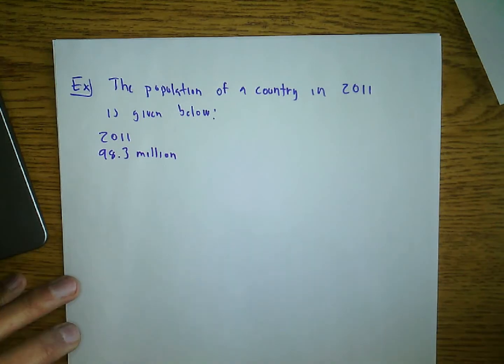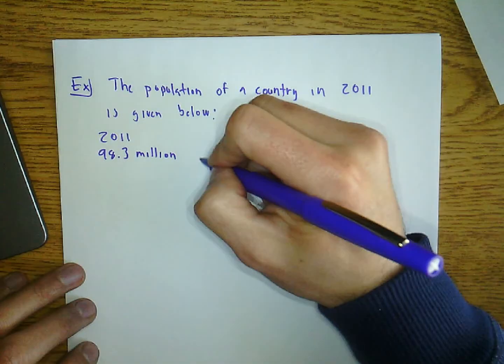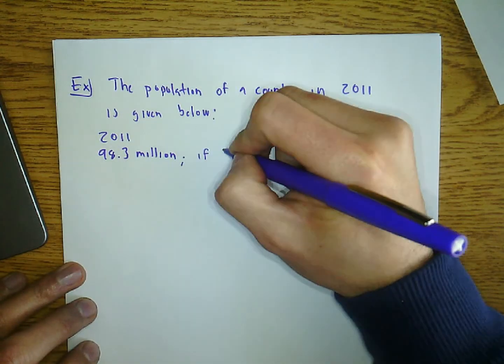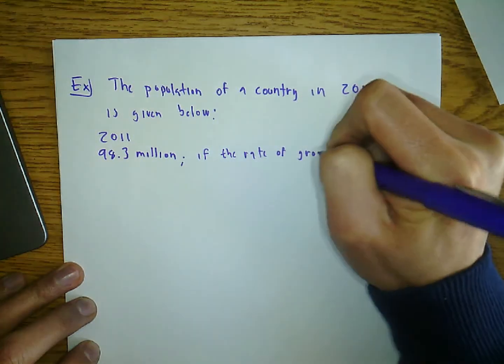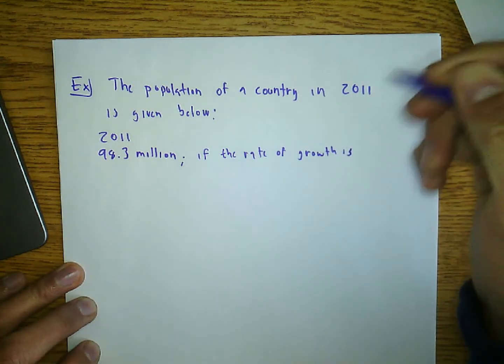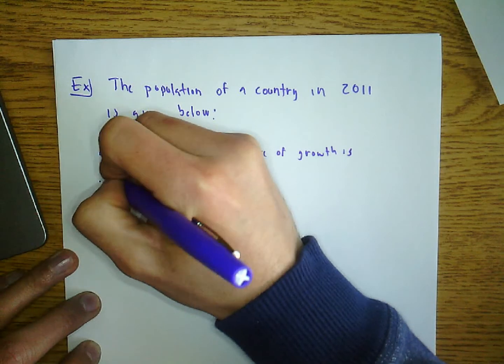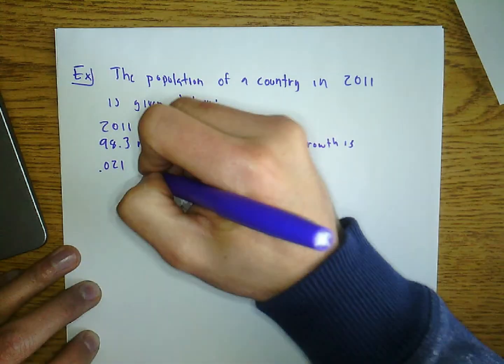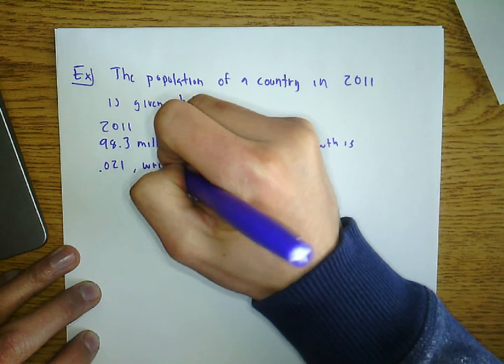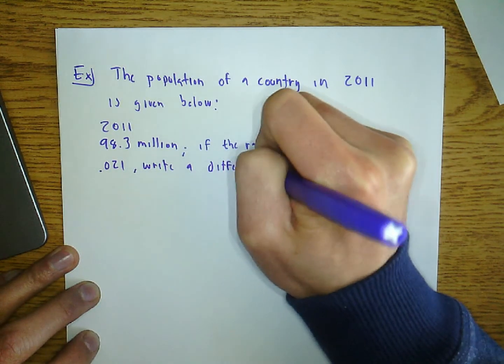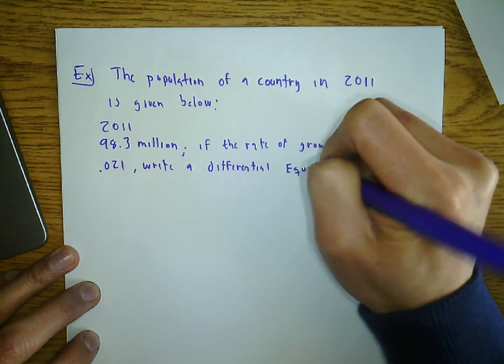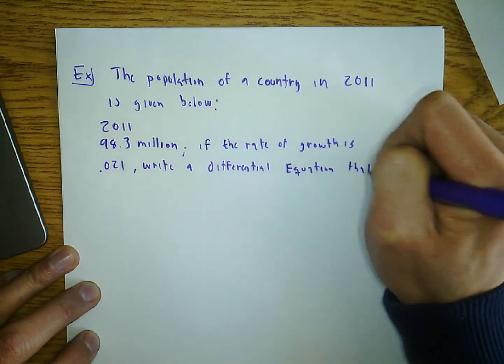If the rate of growth is 0.021, write a differential equation that represents the population.